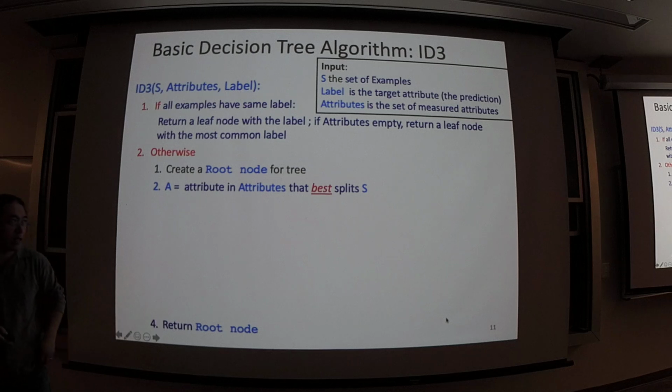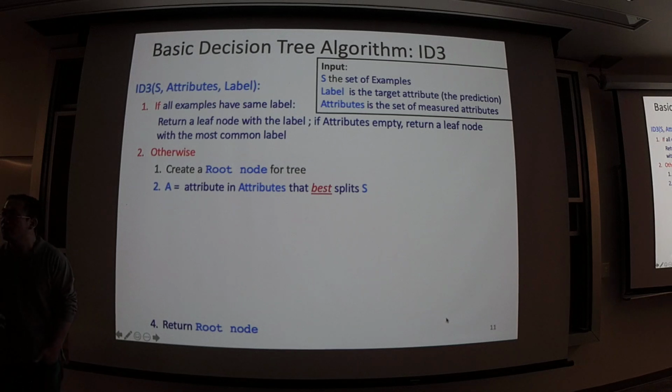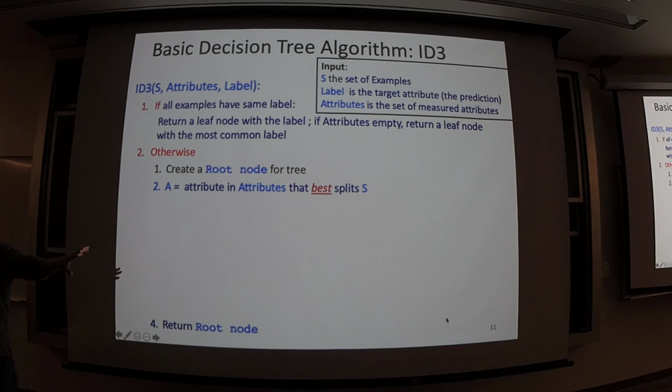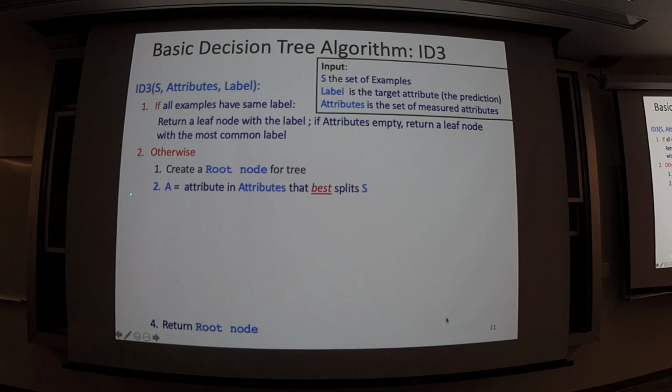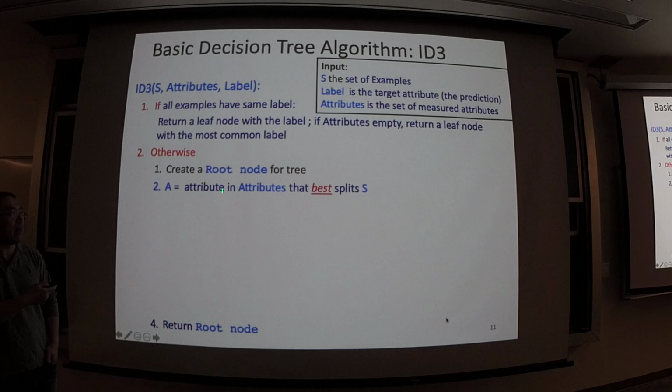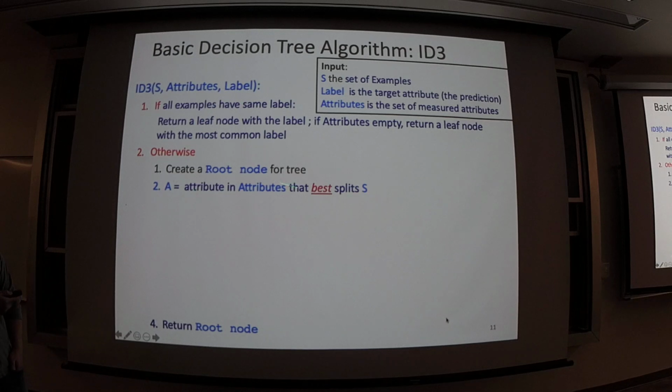So one may ask, what do you mean by best splits the data set? Let us hold off on this problem and look at the algorithm procedure first, and then we'll come back to how we best split the data set. Suppose we go through all the attributes in the attribute set and find the one which best splits S. Then we're going to use this particular attribute to split the data, namely S. So how can we do that?